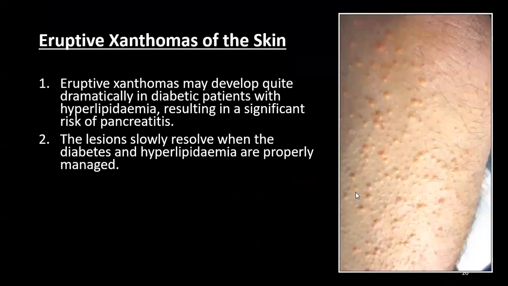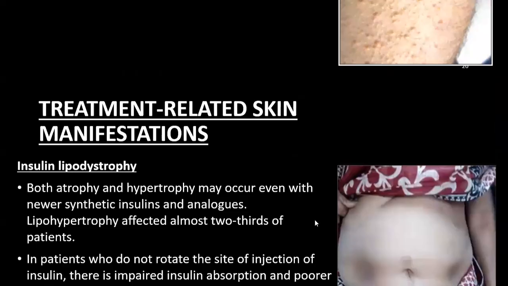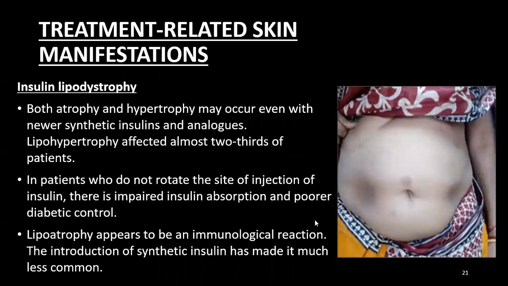Eruptive xanthomas. Eruptive xanthoma may develop quite dramatically in a diabetic patient with hyperlipidemia, resulting in serious risk to the pancreas, causing pancreatitis. These lesions resolve slowly when diabetes and hyperlipidemia are properly managed. Then treatment-related skin manifestations. Insulin lipodystrophy.